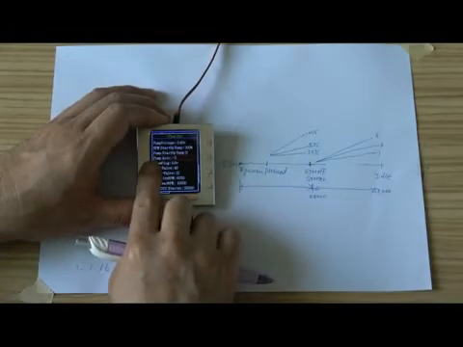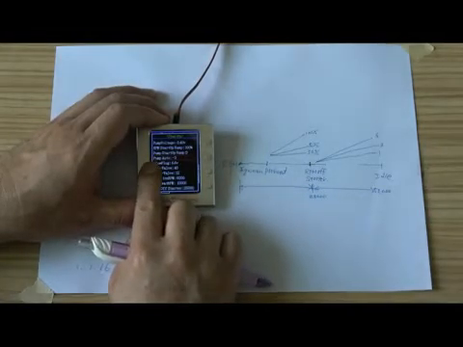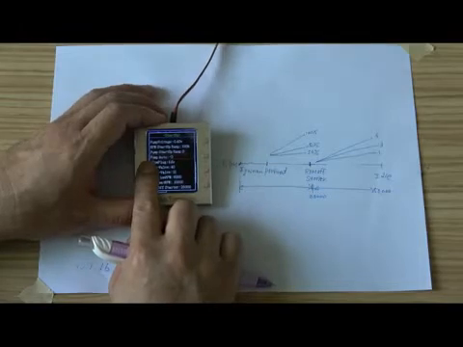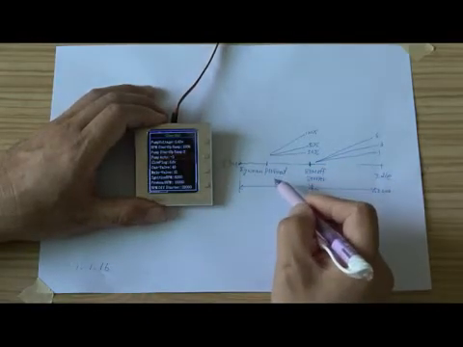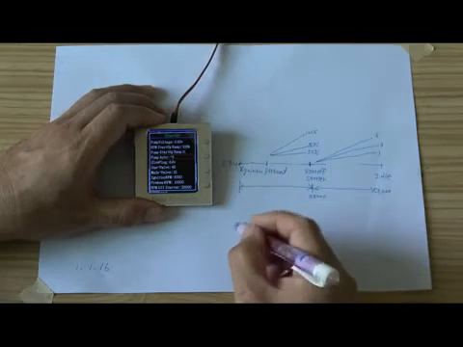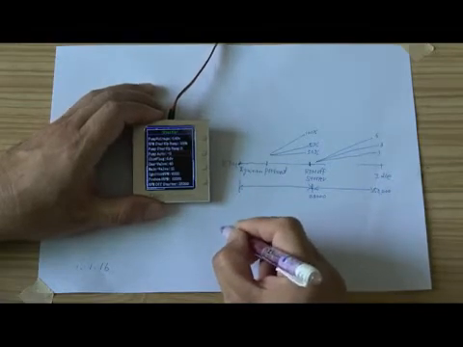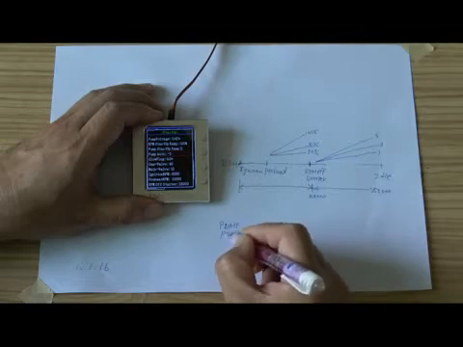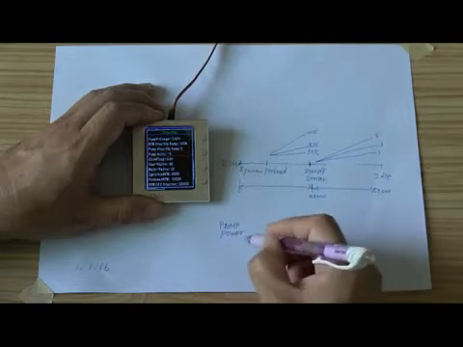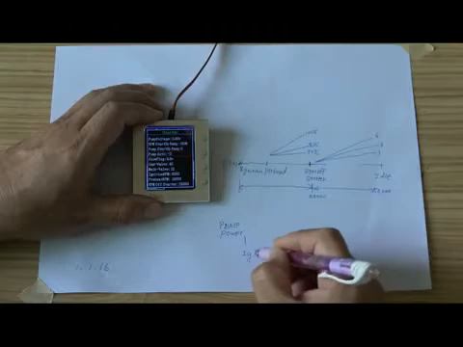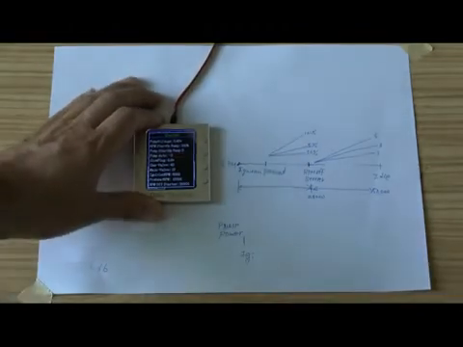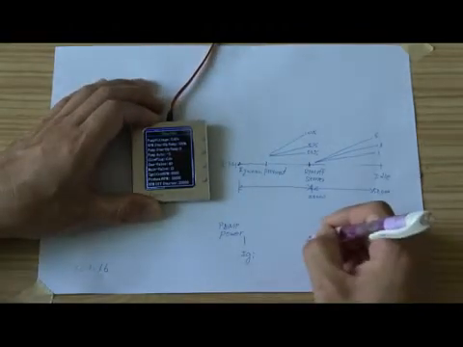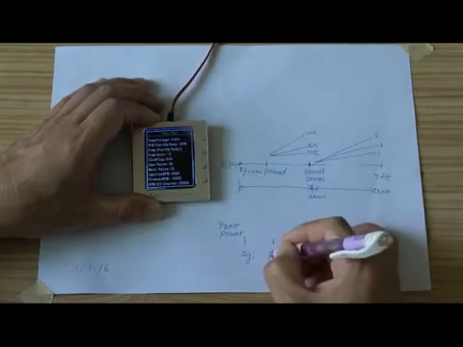The next parameter is pump auto. What does that mean? When ignition, this is pump power. This is preheat.